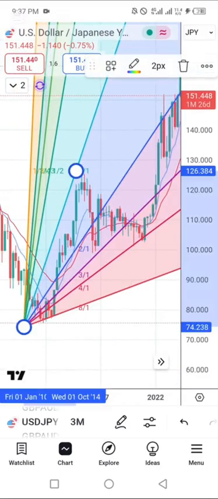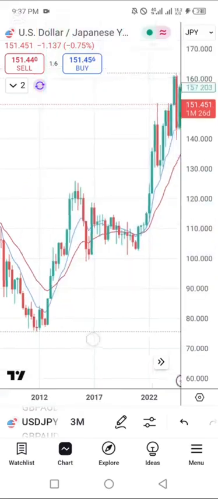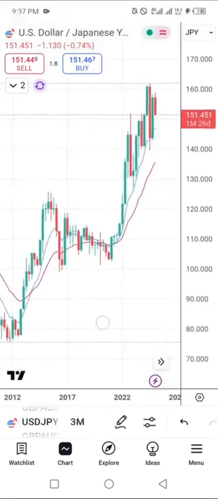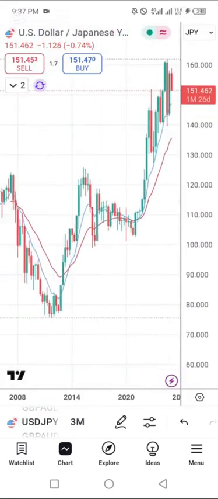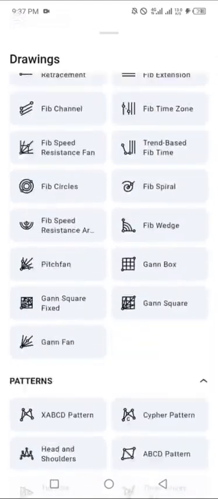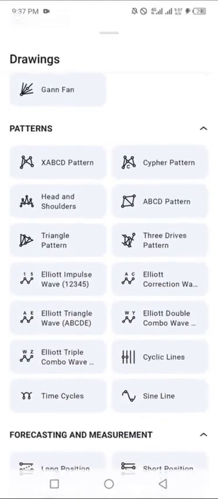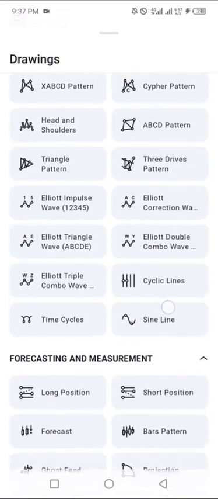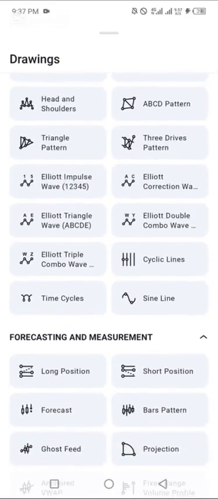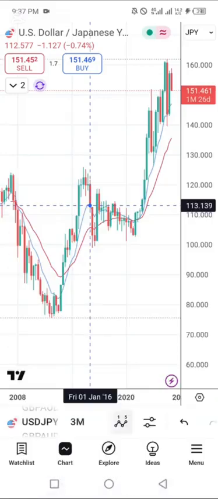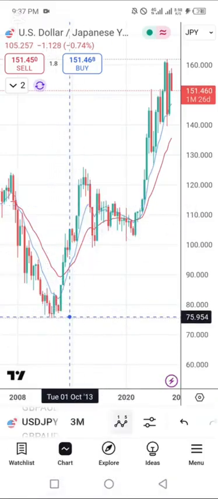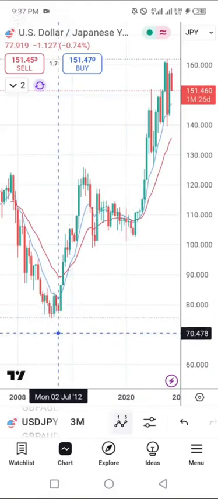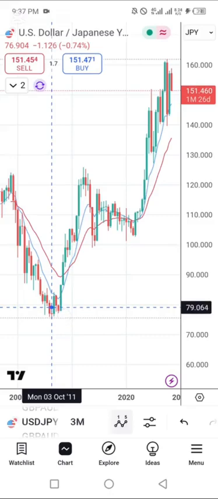Or let me even take away this, and then let's try to use that Elliott ABCD. Is it Elliott impulse 1 to 5? Here it is. Let us try to, is this the beginning of the wave?